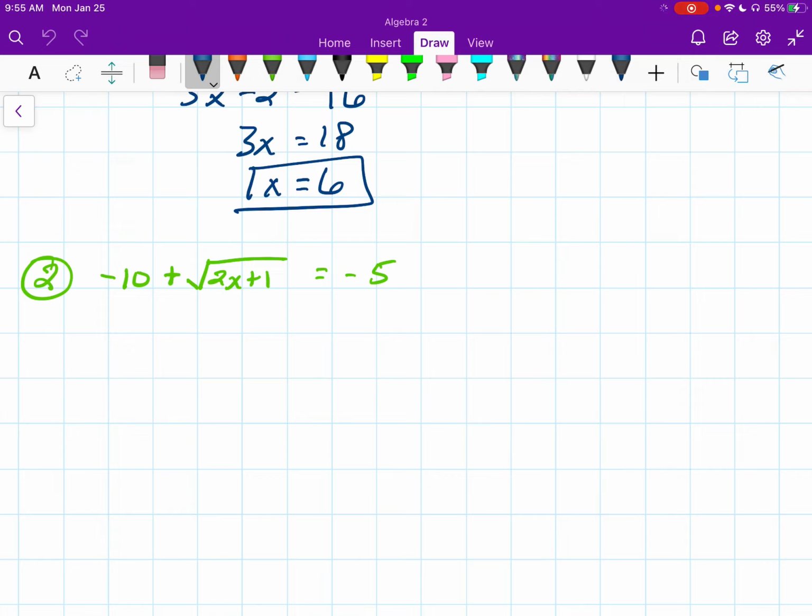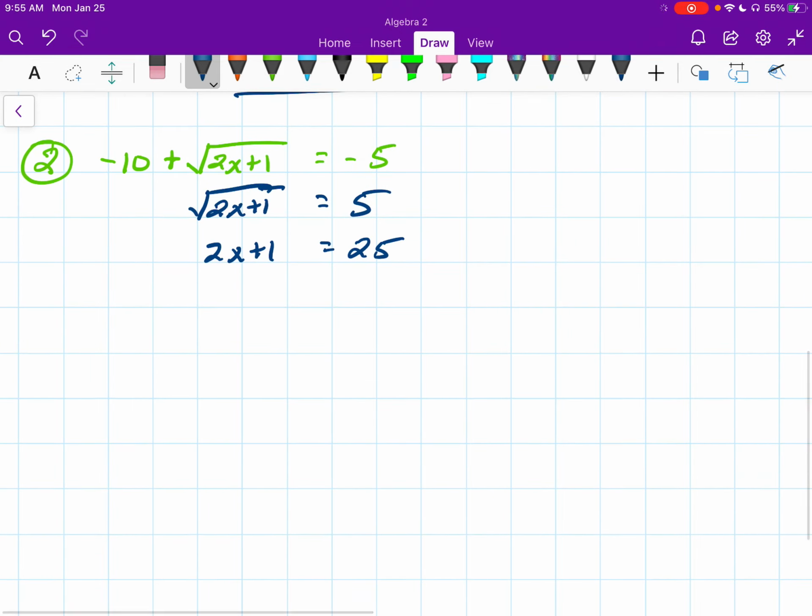We add our 10 over, and we'll be left with root 2x plus 1 is 5. Now we're going to square everything to get rid of our root, so we'll have 2x plus 1 is 25. 2x is 24, and x is 12.